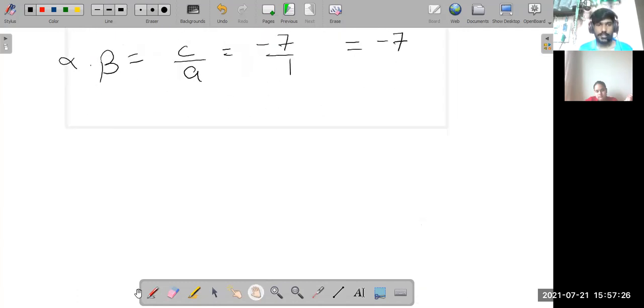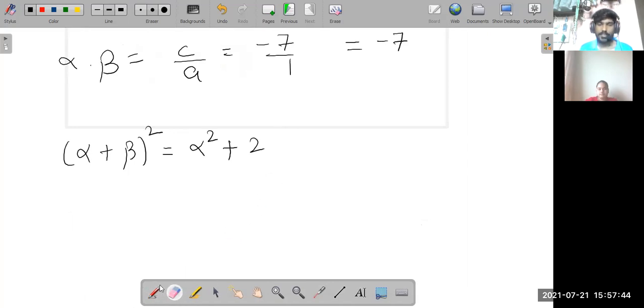So what you do here is use the formula a plus b whole bracket square. What is this formula? Can you tell me? A square plus 2ab plus b square. I'm just writing the formula in terms of alpha and beta: alpha square plus 2 alpha beta plus beta square.